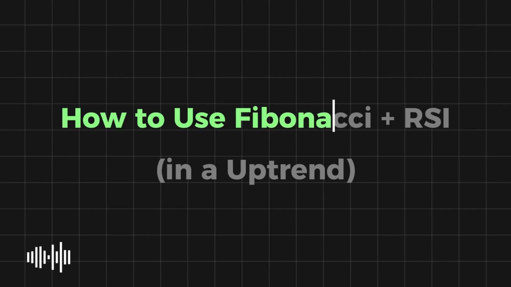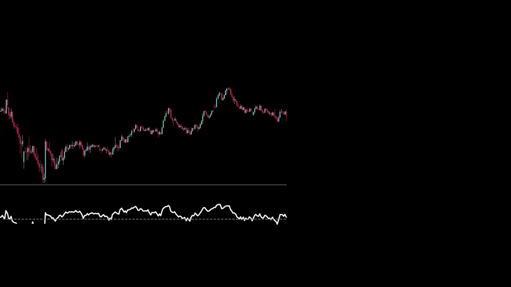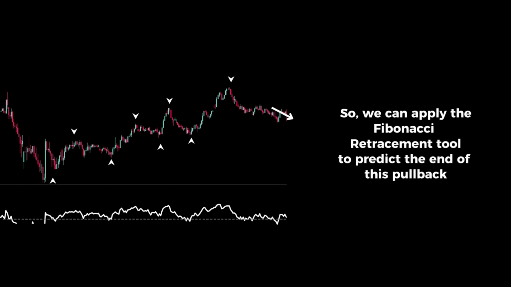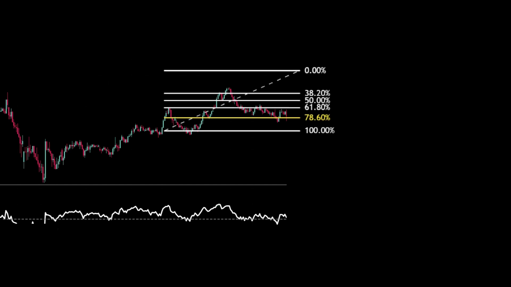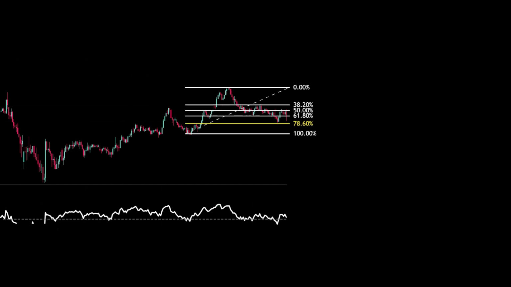How to use Fibonacci plus RSI. Let's look at a simple example. In this chart, the price is in a clear uptrend, making higher highs and higher lows. Then it starts to pull back. So we can apply the Fibonacci retracement tool to predict the end of this pullback. Now the next step is to wait for the price to show a reaction to one of these Fibonacci levels.